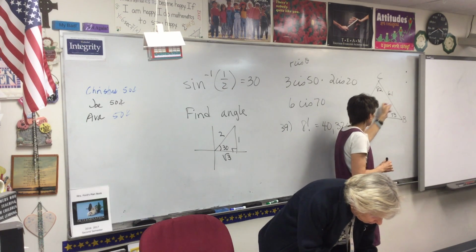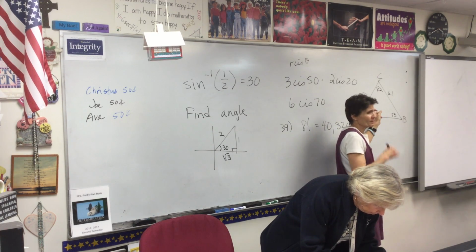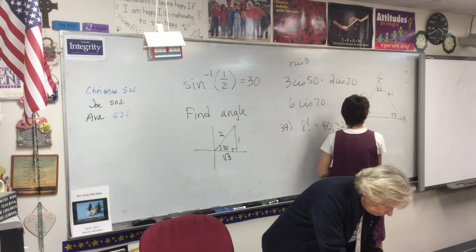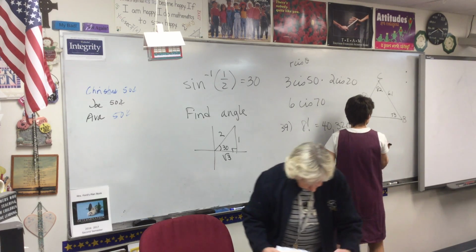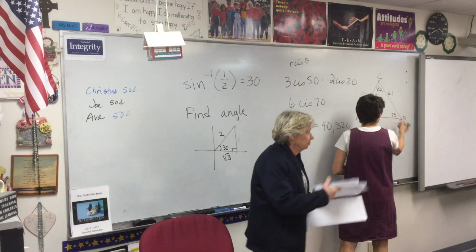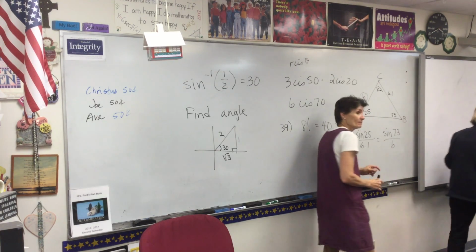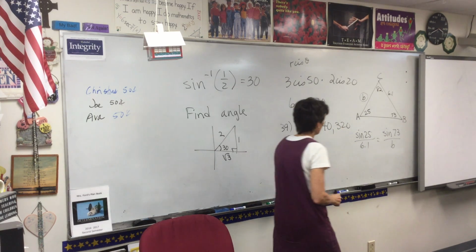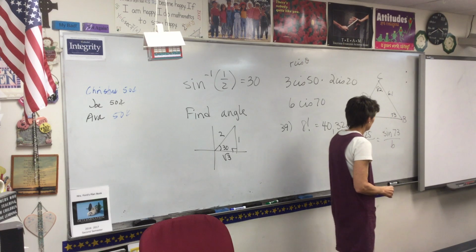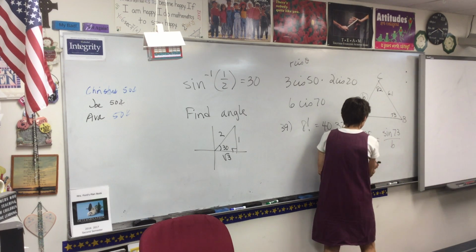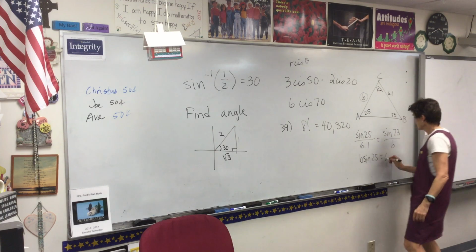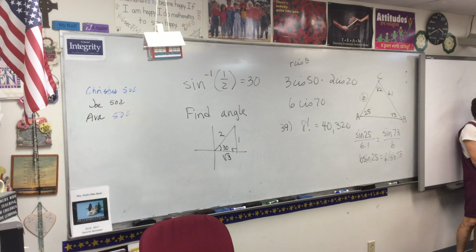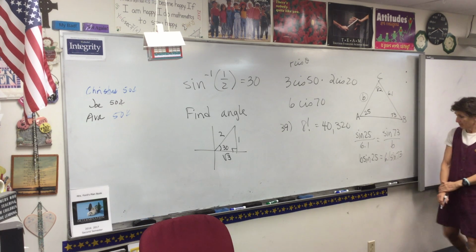When you have this pair right here, you can say sine 25 over 6.1 equals sine 73 over b. That's called the law of sines, and we use the law of sines when we have a pair. So now we'll cross multiply: b sine 25 equals 6.1 sine 73. And then we'll divide.